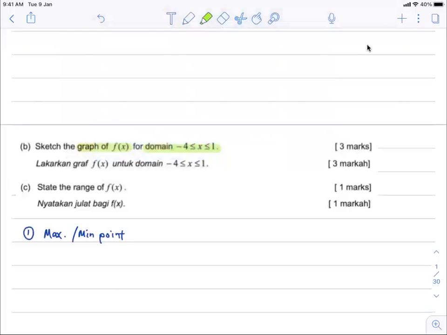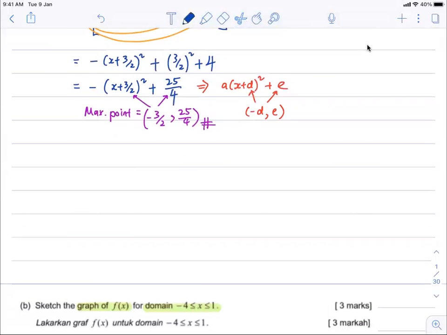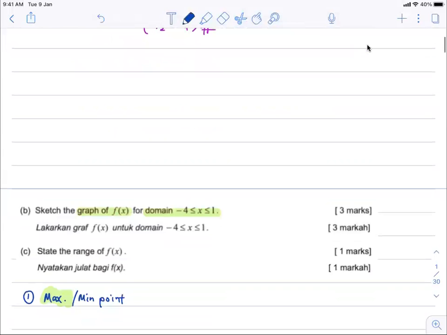In this question it is a maximum point because the question already tells us. So from the previous part, the maximum point is (-3/2, 25/4).